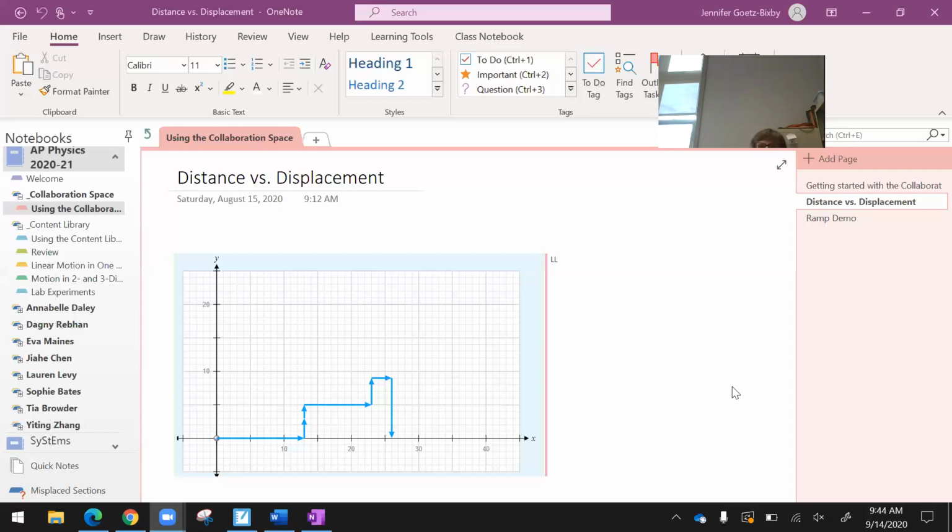Why don't you write next to your picture what your distance and your displacement were, just so that everybody can see, because one of the questions is how do they compare?